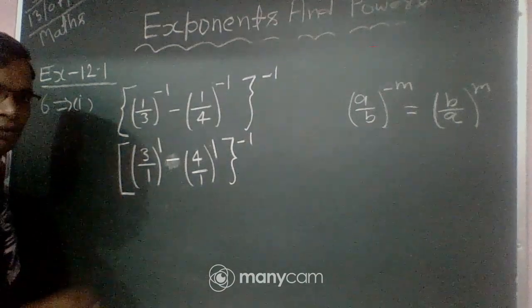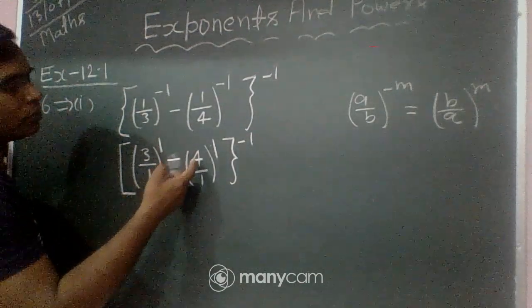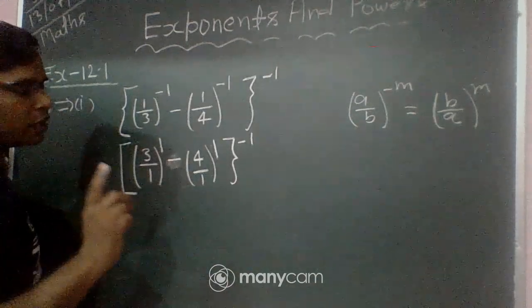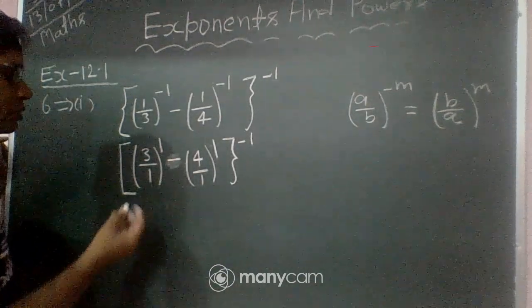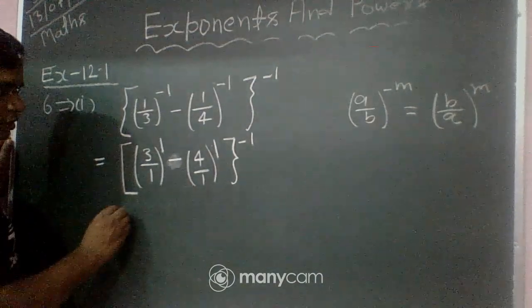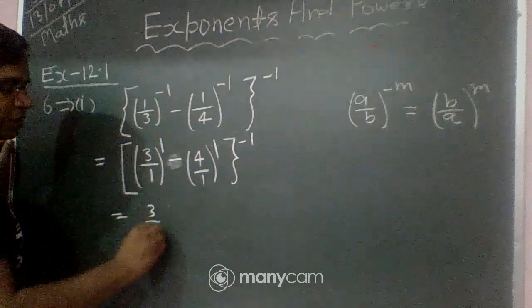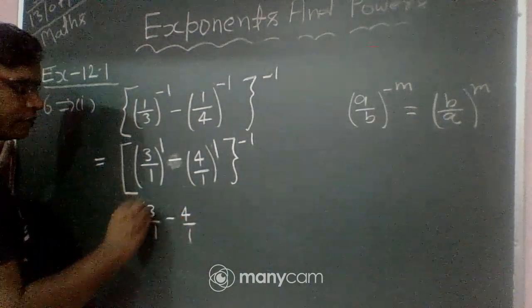So 3 power 1 is itself 3, 1 power 1 is itself 1, minus 4 power 1 is itself 4, and 1 power 1 is also 1. Okay, so we can write here 3 by 1 minus 4 by 1.